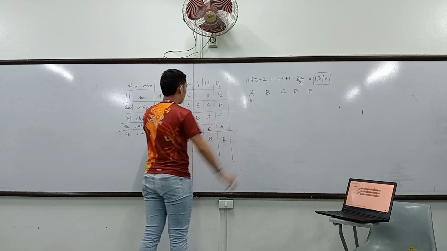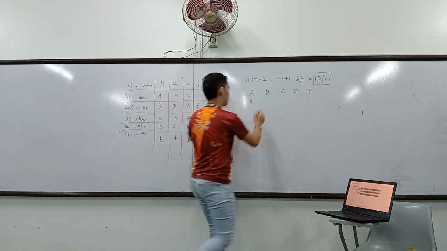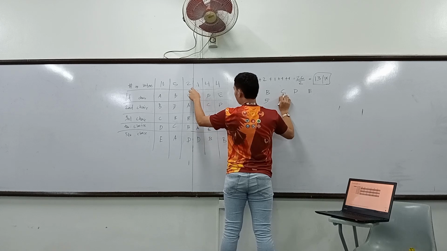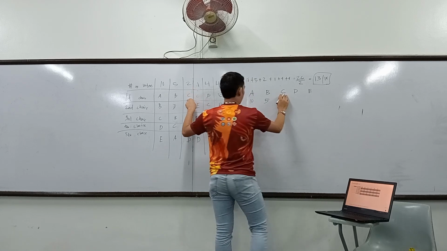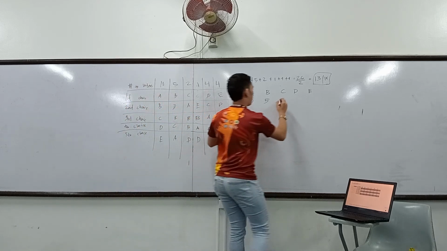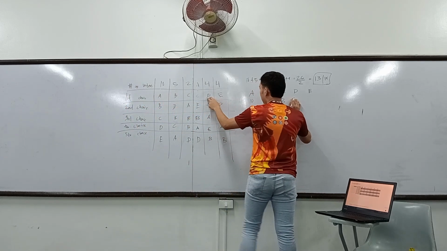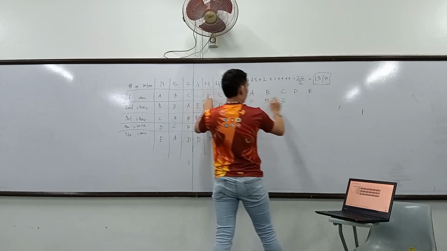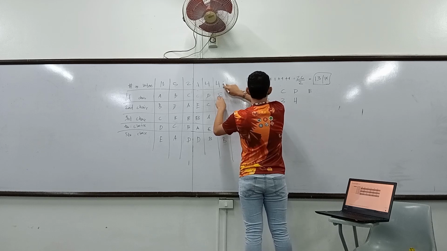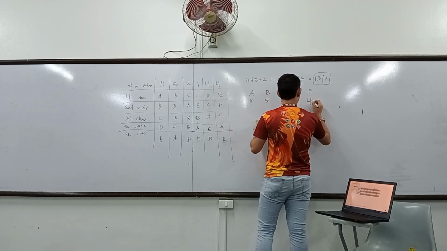Candidate letter B got a total of 5 votes. Candidate letter C got a total of 3 votes. Candidate letter D got a total of 4 votes. And candidate letter E got a total of 4 votes.